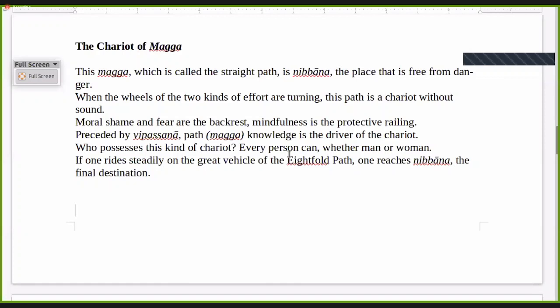But to yogis already engaged in meditation, the Buddha instructed them only in vipassana, approximate to the Arahatta Magga.